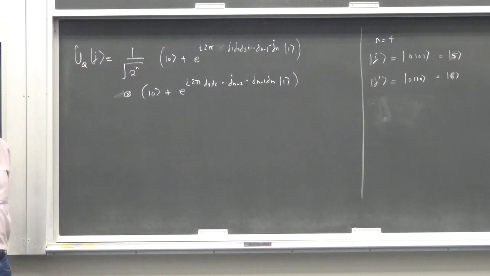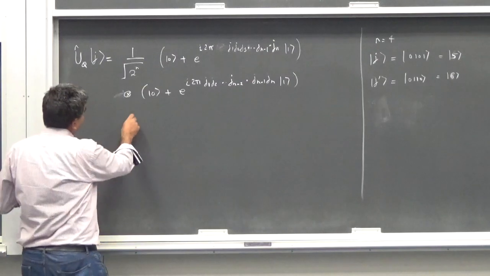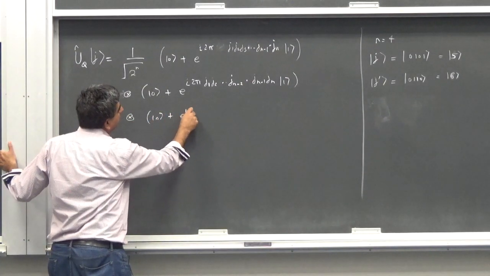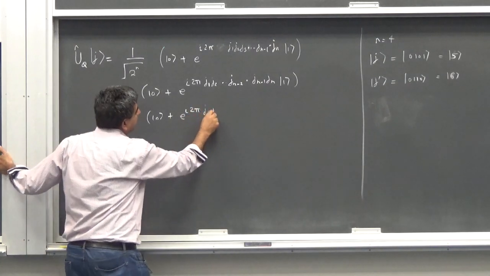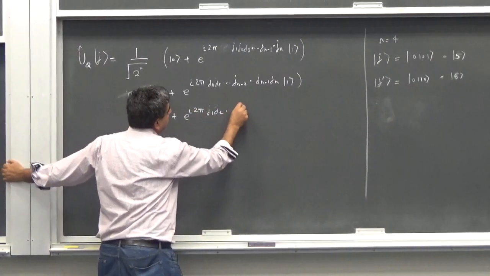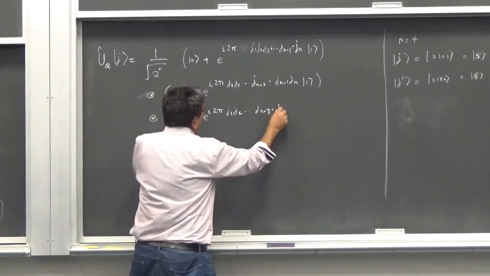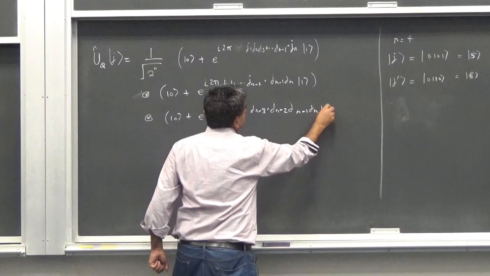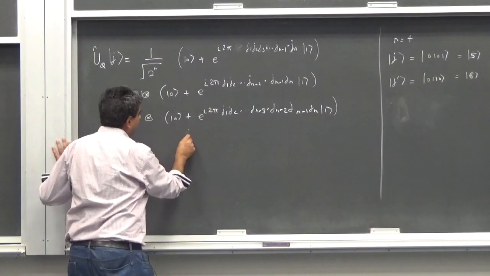Okay. So now we keep on this operation: 0 plus e^(i 2 pi) 0 dot j1 j2 up to jn minus 3, and so on.